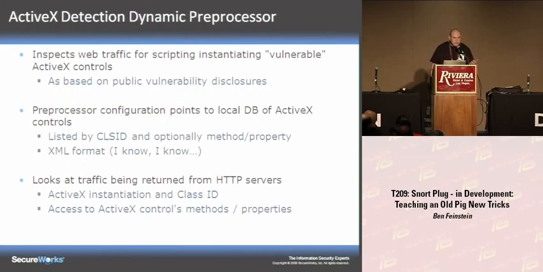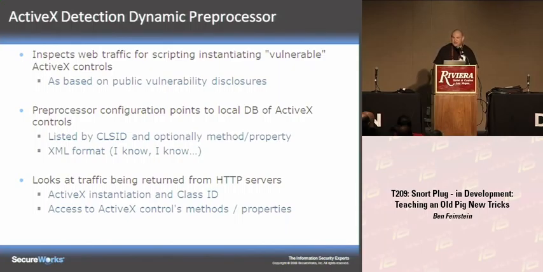So the first plugin that we're releasing is just a simple ActiveX detection dynamic preprocessor. What it does is it inspects web traffic for some JavaScript or scripting that's going to instantiate a vulnerable ActiveX control. When I say vulnerable, it's basically based on public vulnerability disclosures about ActiveX controls. So in the preprocessor configuration, I point the preprocessor to a local database file of ActiveX controls listed by class ID and optionally method and property.